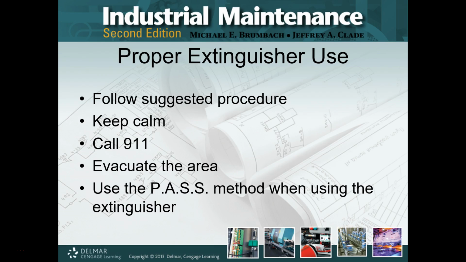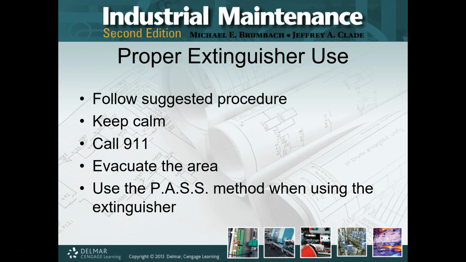And what you're going to do is you're going to grab the extinguisher. Well, continue to breathe. Remember, breathing is important. You're going to pull the pin. That is the P in PASS. You're going to aim at the base of the fire. That's the A. You're going to squeeze the handle of our extinguisher.